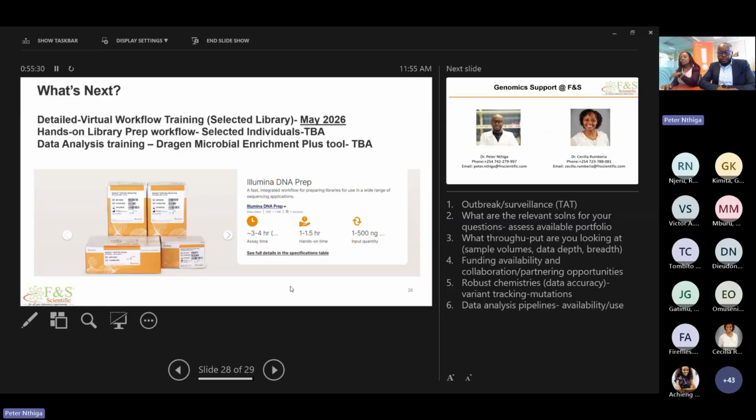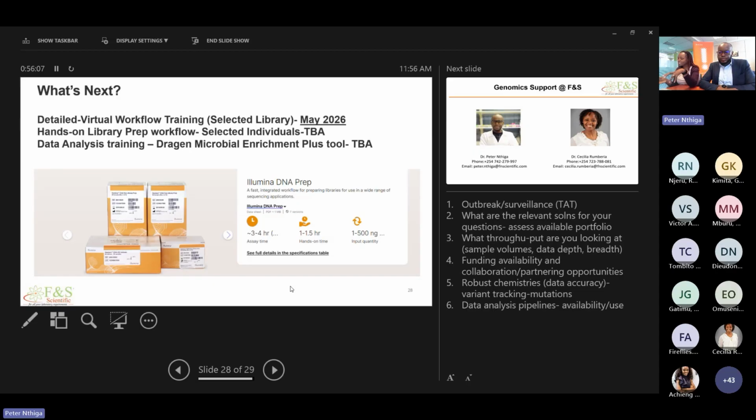So what we're looking at next is, within the next few months, a detailed virtual workflow training on a selected library workflow, because it is also important to look at what it entails to run a workflow from beginning to end, from the sample all the way to data. And that will be followed by a hands-on library prep workflow for selected individuals who will come from that second training. So this will be announced, and I hope you'll get the opportunity to apply and maybe join the lab team in doing the end-to-end workflow.